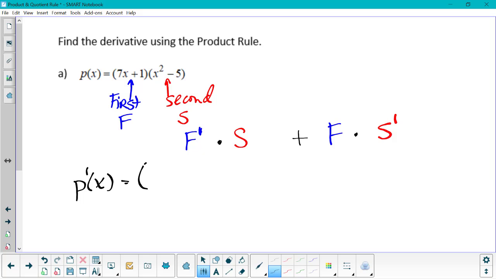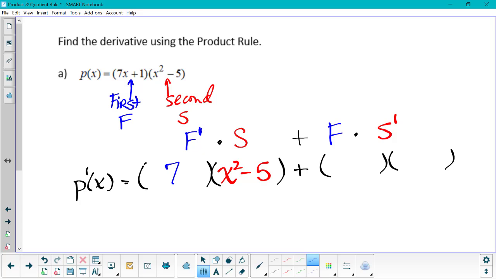Okay, so then I'm basically filling those things in. And I use parentheses to keep things straight because we are doing multiplication. All right, so the derivative of the first, what's the derivative of 7x plus 1? It is 7 times the second function, which is just x squared minus 5, plus the first function.